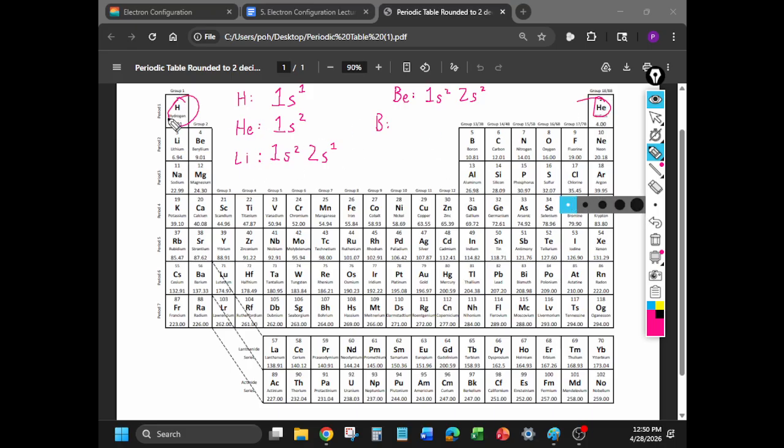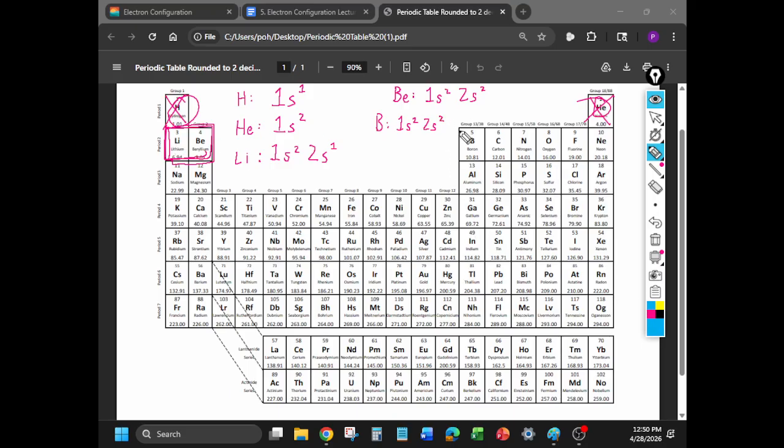We need to get through hydrogen and helium, and to get through that, we write 1s2. We need to get through lithium and beryllium. And what subshell do we say this section is? S. I know I keep asking you the same question, but I'm really trying to drill it into your brains. So it's going to be 2s, and then there's 2 boxes, so 2.